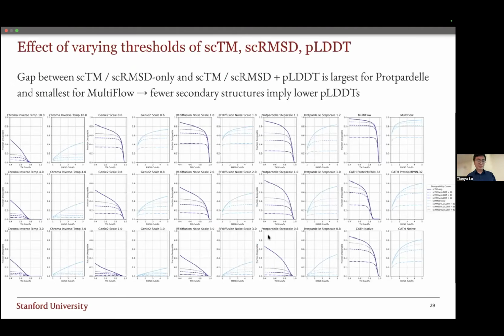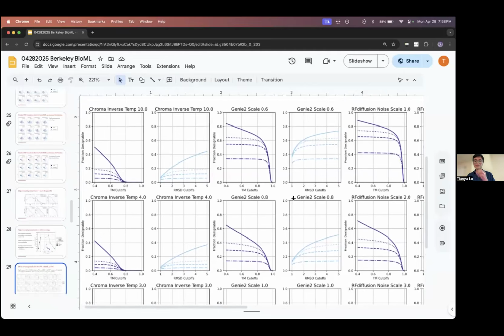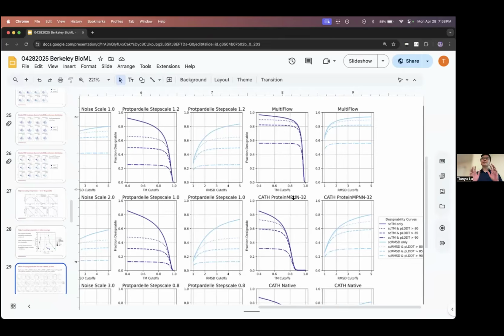This is an impossible figure to read, but I'll zoom into some of these details. This is a side analysis, but there's one interesting nugget in here that I think is worth commenting on. Here is the fraction of your samples that's designable as a function of what cutoff you use for a self-consistent RMSD or a self-consistent TM score. Literature always says 2 angstroms for RMSD, or maybe 0.6, 0.7 or 0.8 for TM, so it really varies.